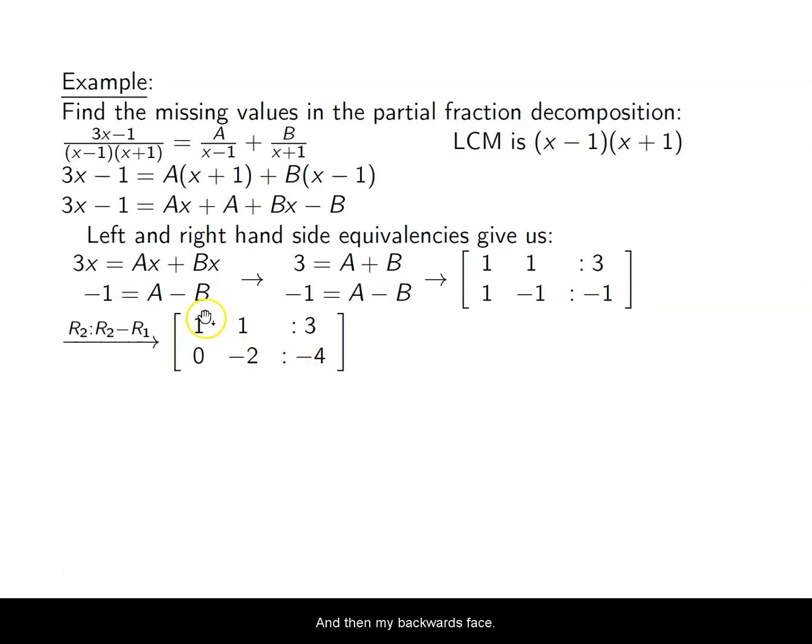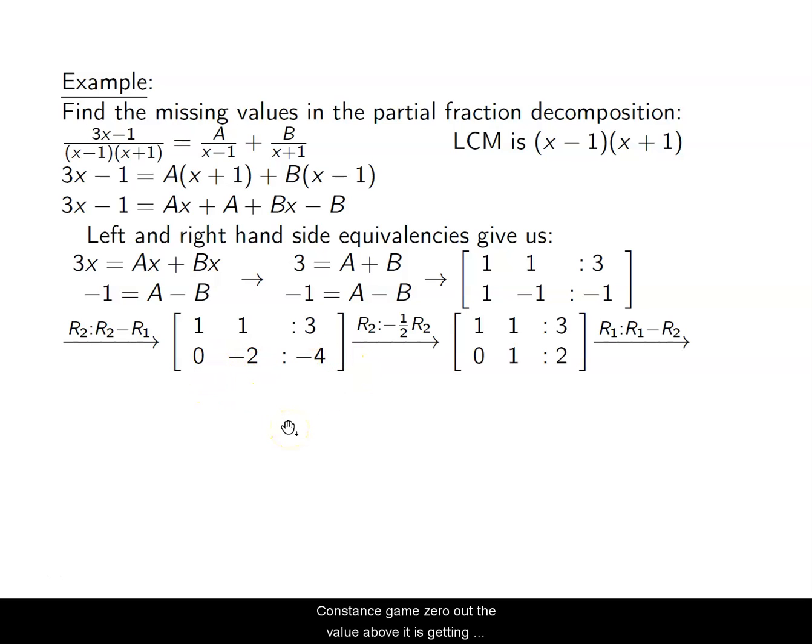And then my backwards phase is that R1 becomes R1 plus R2, because then they'll have opposite signs and they can zero. Oh, I guess I can subtract this by negative 1/2 since they're both constants. Okay, apologies. Then now I can zero out the value above it. Okay, I was getting ahead of myself a little bit.